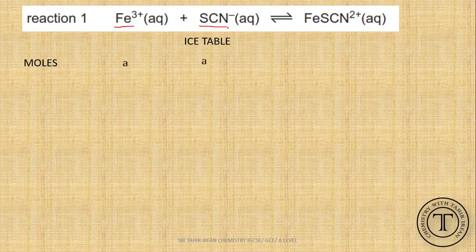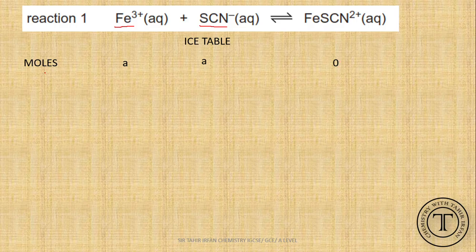So we can say they both have the same moles at the start, when the reaction just starts and equilibrium has not been achieved. And moles of FeSCN2, obviously, will be 0 at the start.